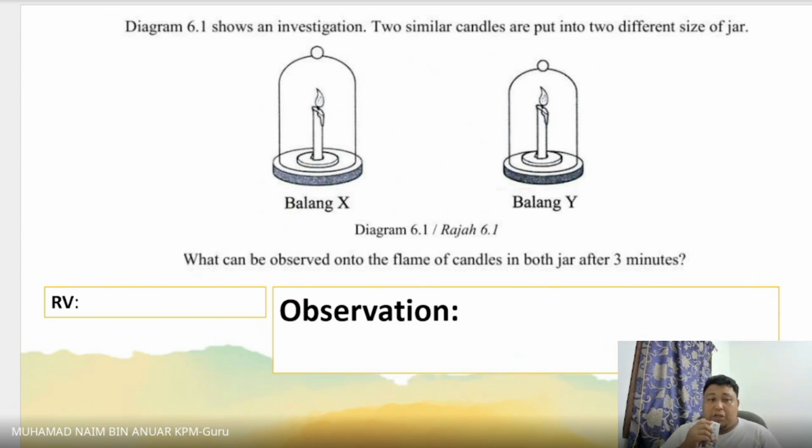Jar X will extinguish early. Yep, that's the observation. Jar X, the candle will be a lot shorter than jar Y. Why a lot shorter? Because the candle has been burning a bit longer than in jar Y.